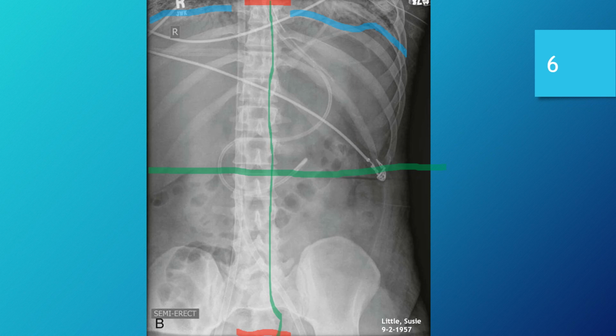Over here, we have all this extra space that we do not need. In fact, we need more of the right side of the abdomen because the right side of the abdomen is missing on this image. So yes, the patient is not centered correctly to the image receptor.